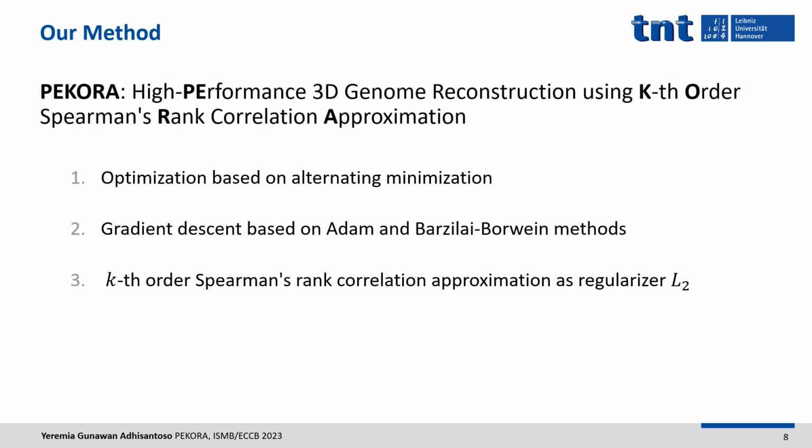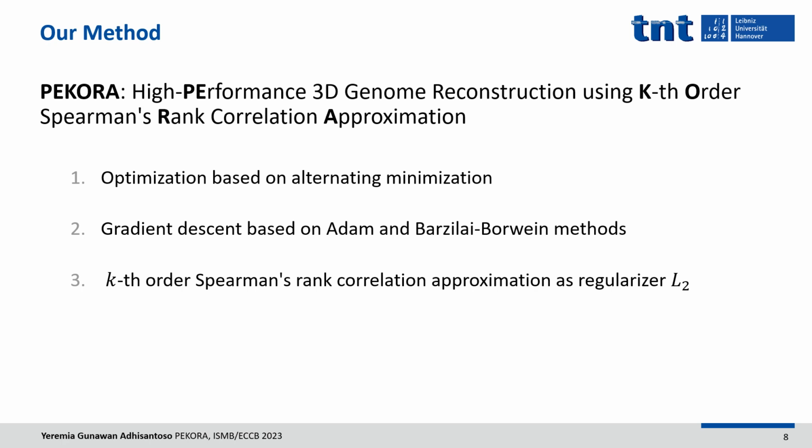So now I will talk about our method and how we improve the current state of the art. Our method PEKORA is built on 3 components. The first one is that we optimize using the so-called alternating minimization, which is a non-convex optimization. In order to optimize it, we use a gradient descent-based method called ADAM.